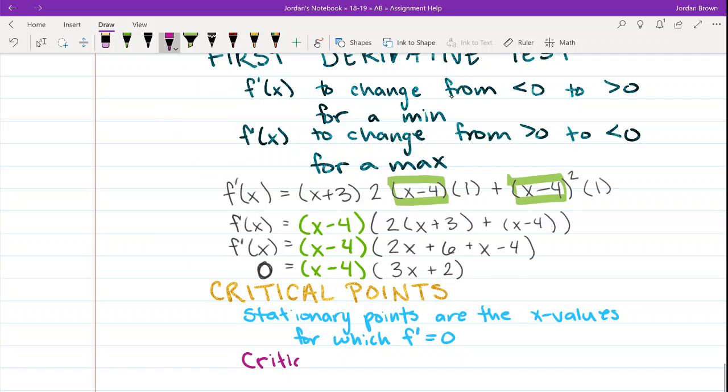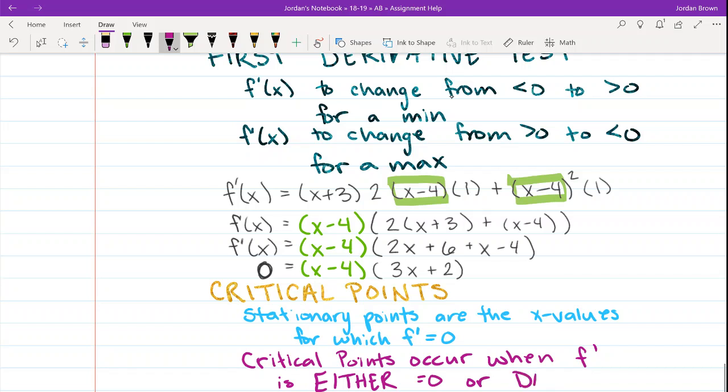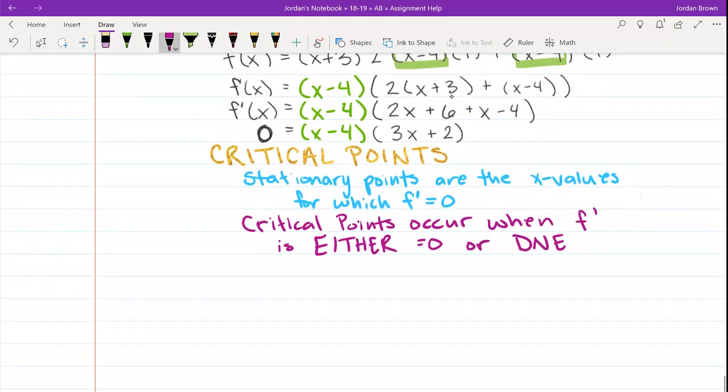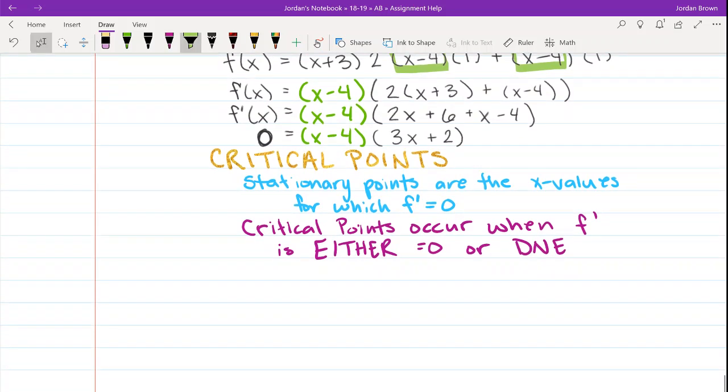Critical points occur when f prime is either equal to 0 or does not exist. Okay?